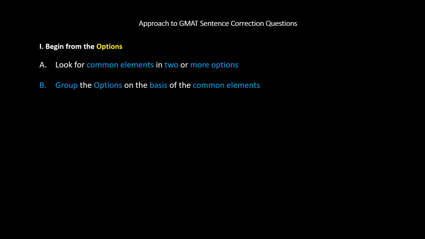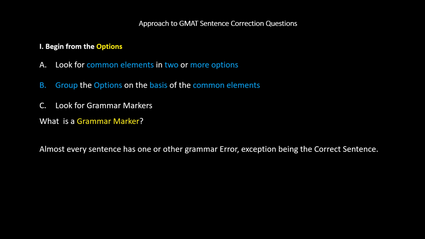And look for grammar markers. What is a grammar marker? Almost every sentence has one or other grammar error, the exception being the correct sentence. It is possible to identify the type of the grammar error present in the given sentence, whether it is a subject-verb agreement error, a verb tense error, or some other error.